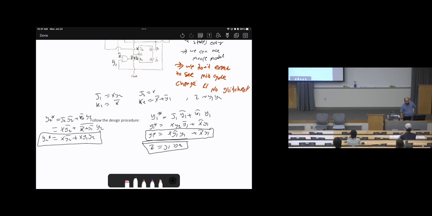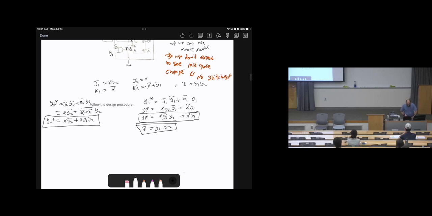Now, when we have this, we have the choice to make the equations like this, y1 star, y2 star, or we can actually calculate J1 alone, K1 alone, J2 alone, K2 alone, then do the design. So let's do the state table. Here are present states, which is y1, y2. Here are inputs, which is x.